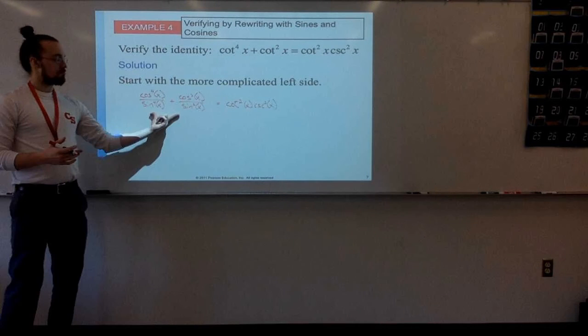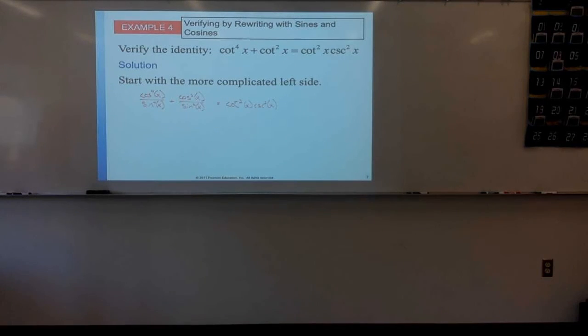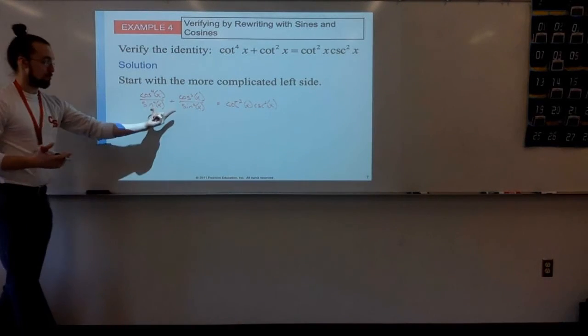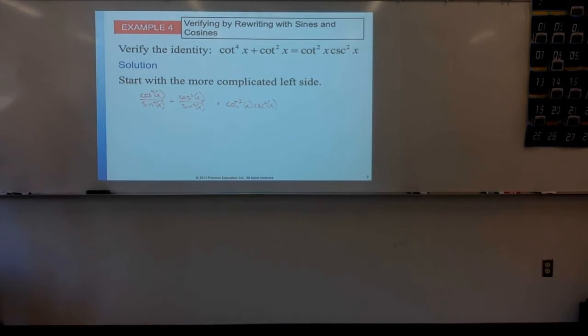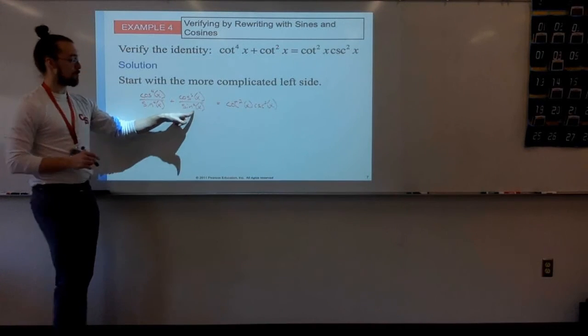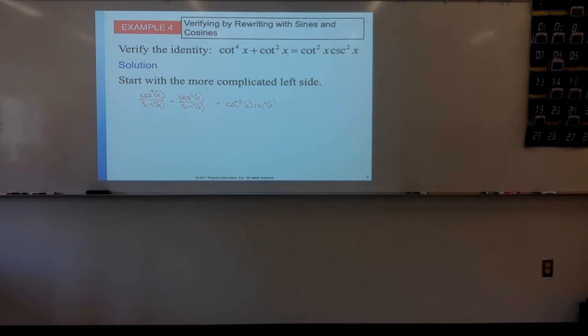Well, I've got two fractions here. Let's try to add them together. Right? In the right side of the equation, this is just one term. So we're probably going to have to add these together somehow. Well, to add fractions, we need to get common denominators. So to make these denominators the same, I'm going to have to multiply this one by sine squared. Right?